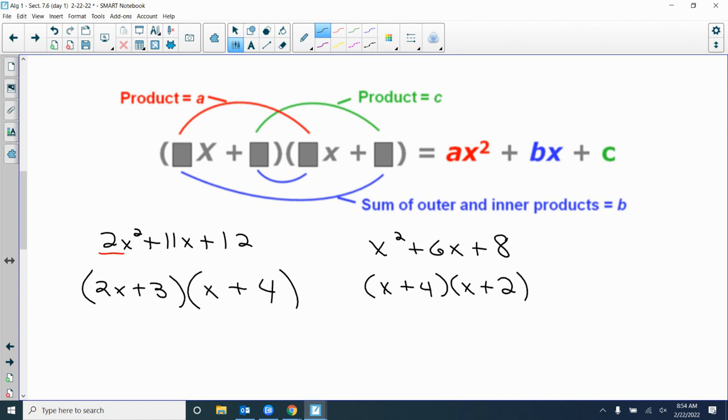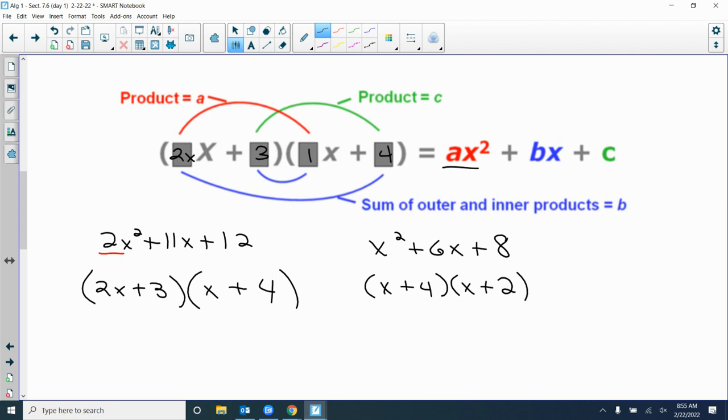Okay? So right here, whatever these values are, these two have to add up to C. So let me make this 2x plus 3 and x, and I'll make that a 1x plus 4. 2x times 1x has to give me 2x squared.